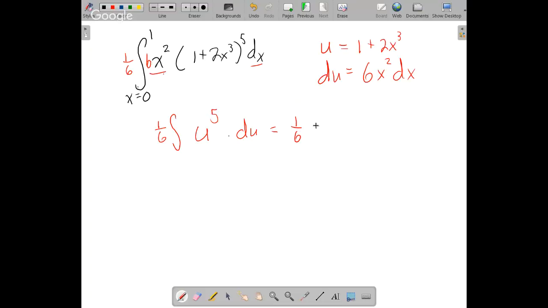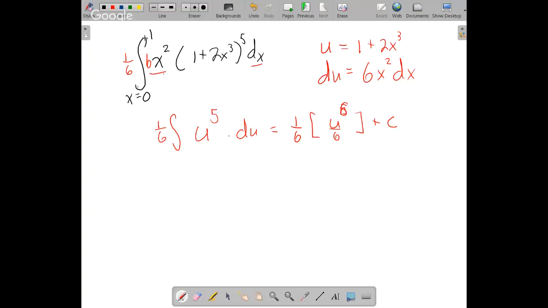1/6 hangs out. And then I'm going to increase the power by 1, and then divide by that power. In this case, I have a big constant.